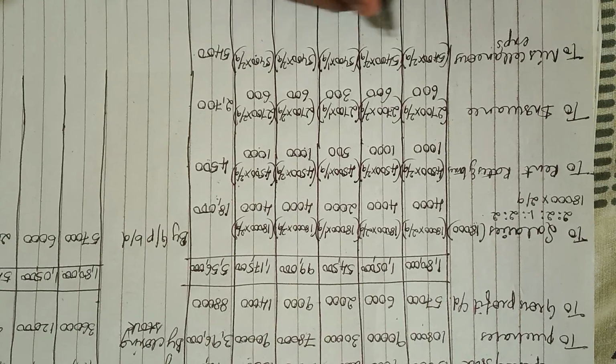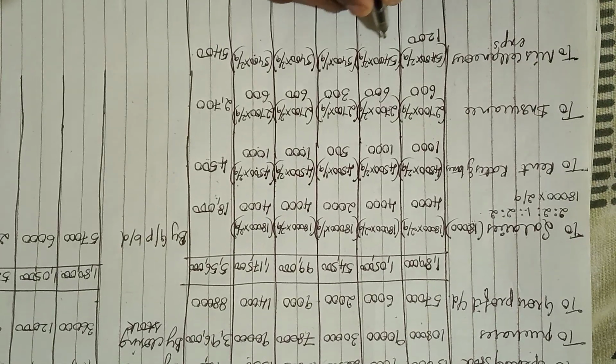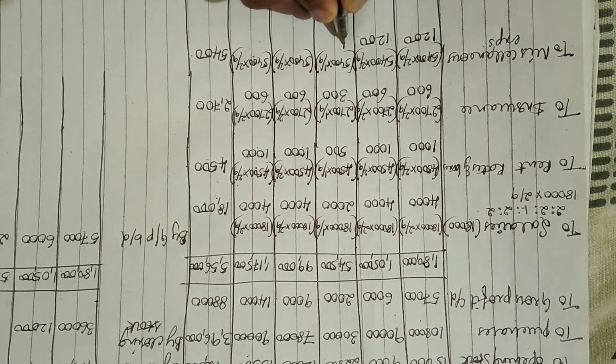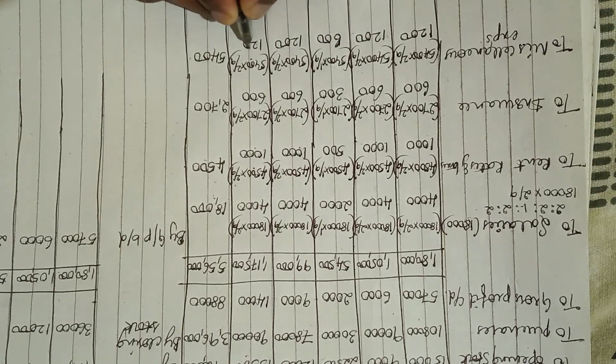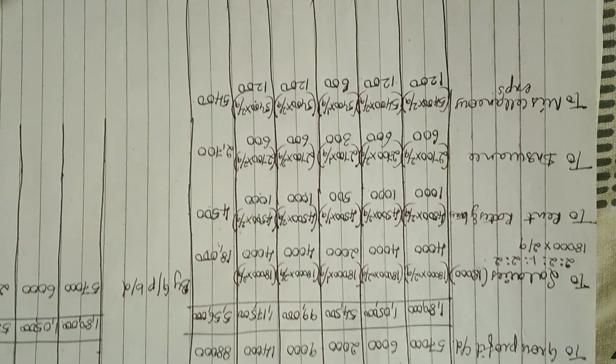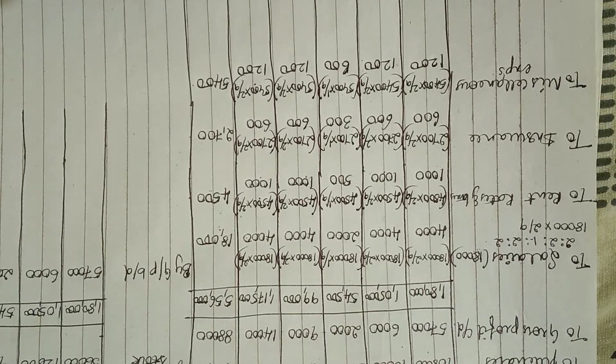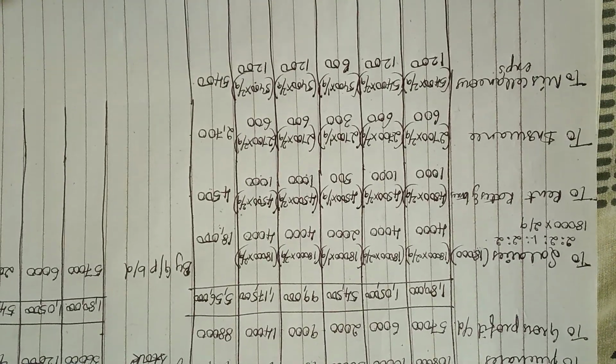How much are you getting? It's 1,200, 1,200, 600, 1,200 and 1,200. Clear? So this is your miscellaneous expenses. When you add together we get 5,400.